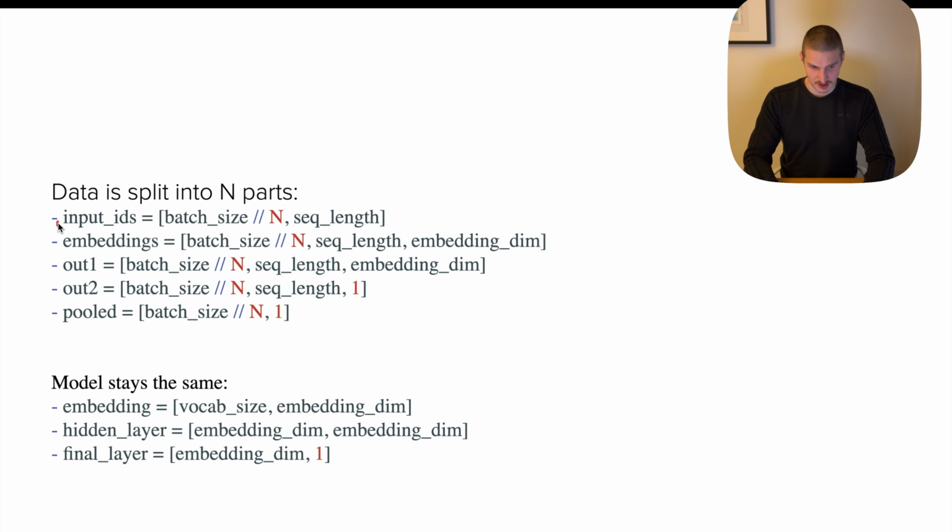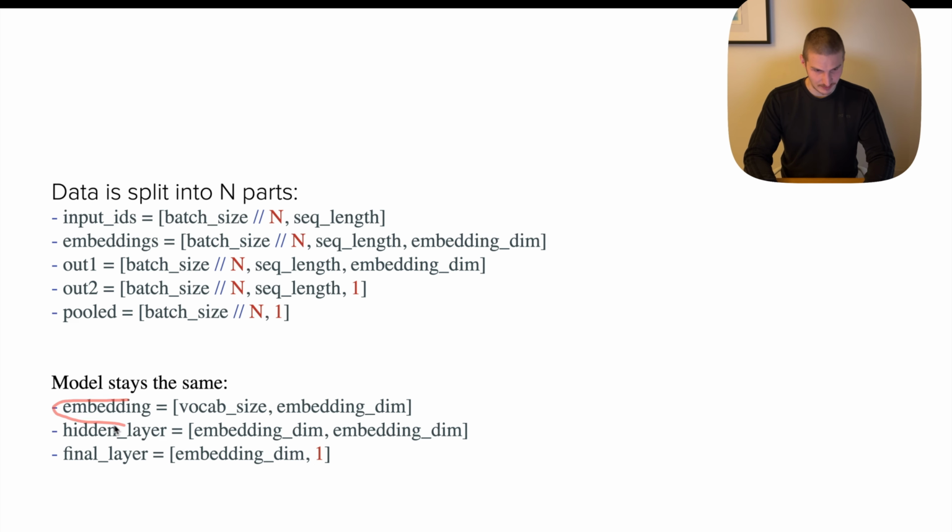So these tensors are input IDs, embeddings, which is the output of the embedding lookup, out1, out2, and pooled output. So everything that had batch size gets divided into n parts, and everything that did not have a batch size does not get divided. We'll see what that means exactly in a minute.